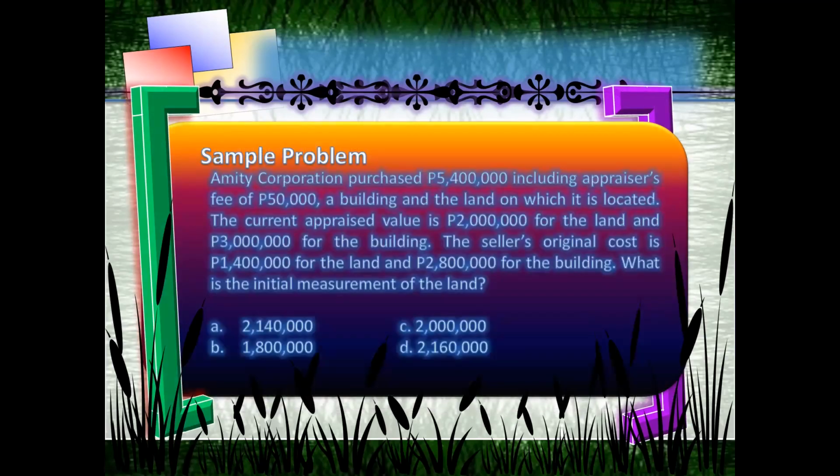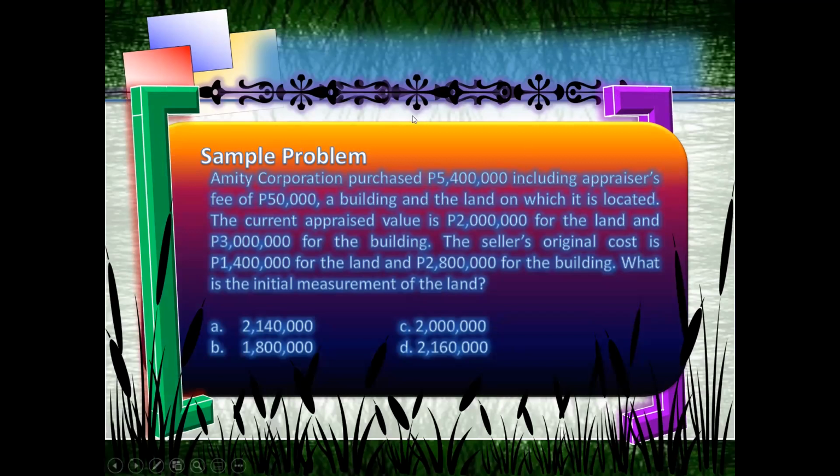So, ito siya, you also have to apply yung sinatawag natin na relative sales price method, no? We're going to use the fair value of the land and the building in order to allocate, no, the single price.